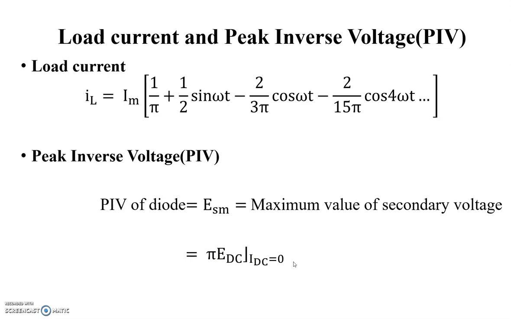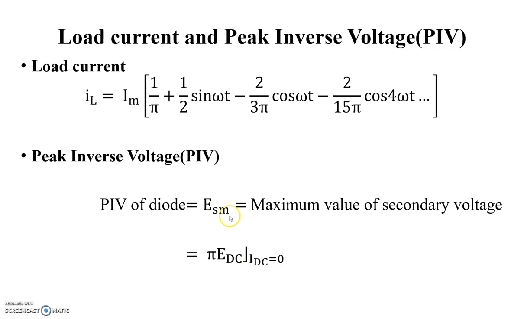This is called the peak inverse voltage rating of the diode. So the diode must be selected based on this PIV rating and the circuit specifications.